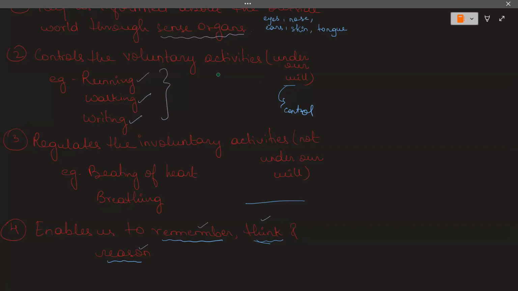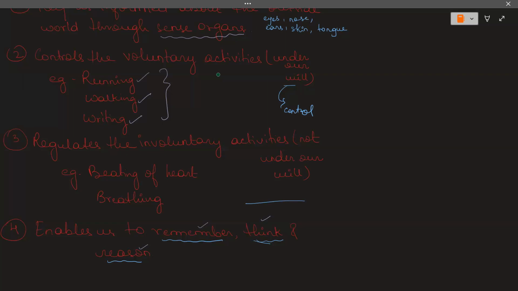Now, if I ask you to stop the beating of your heart, will you be able to? No, ma'am. Okay, for example, I give you some food and when you are swallowing it, once the food is going through your esophagus, the food pipe, I ask you to stop it. Will you be able to do that? No, ma'am.